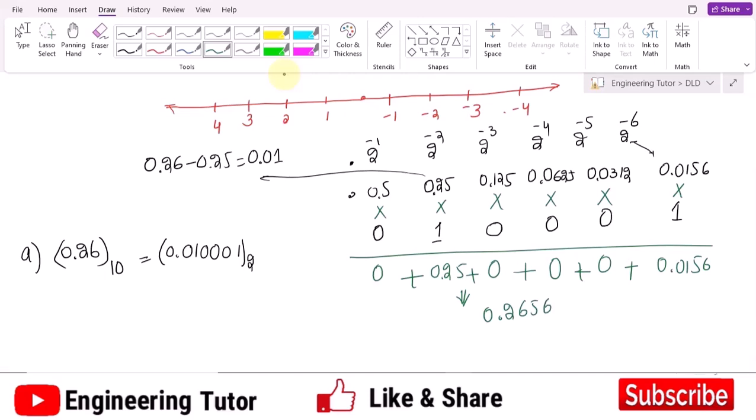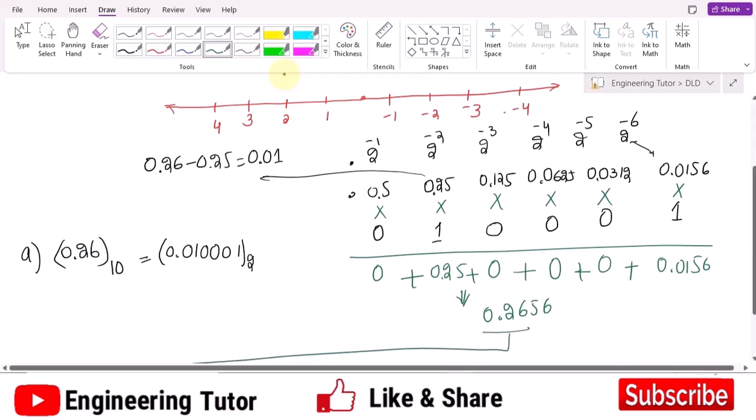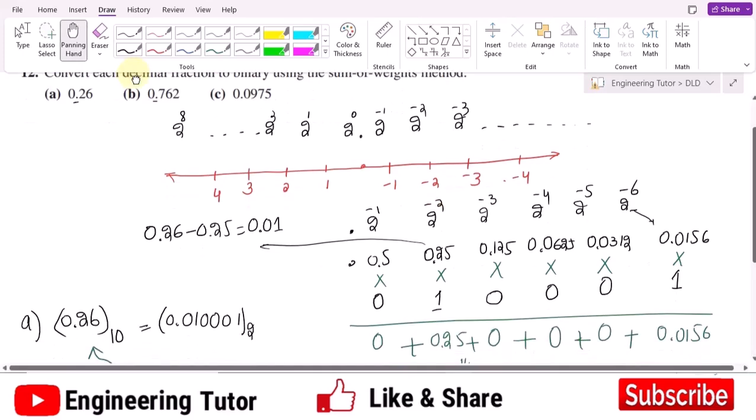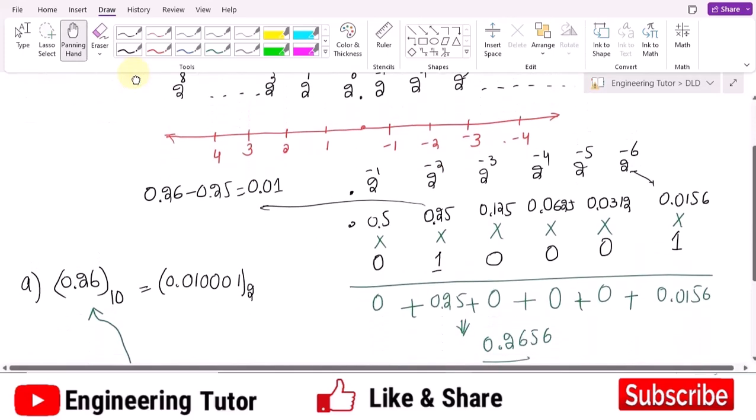If I want to get the correct answer up to the required number of decimal points, I have to move to a higher number of binary digits. So I am stopping it here, and it is almost equivalent to 0.26. This is the procedure I can use to find the binary number from the decimal fraction number. So this is part A of my question.